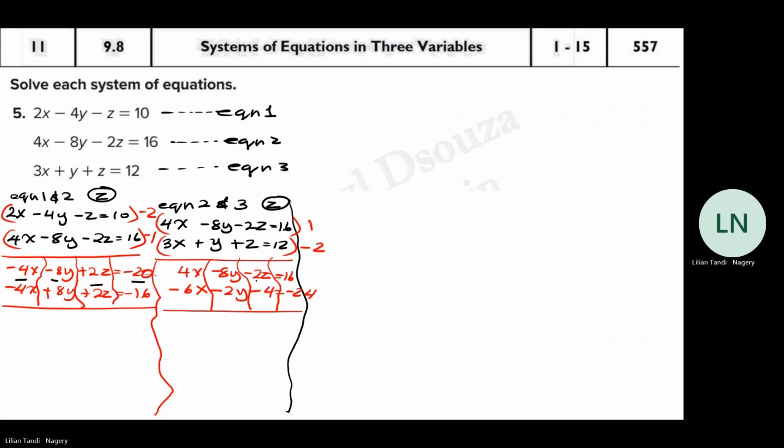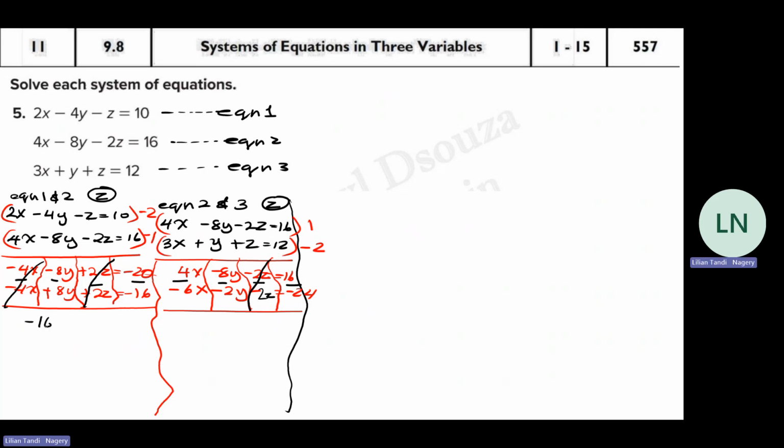Why do I have 4? See, you have to read carefully. Negative 2z. Yes, okay. I will minus because they are the same. This is 0. This is 0. This is also 0.